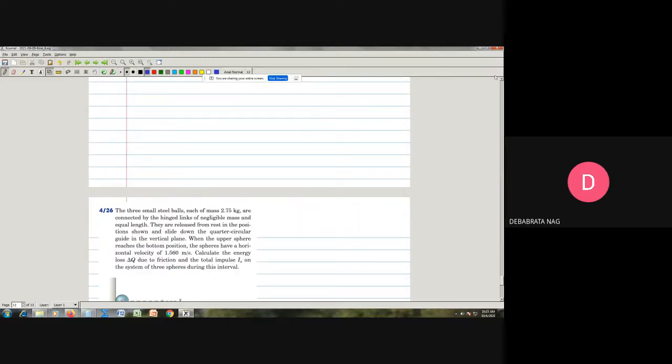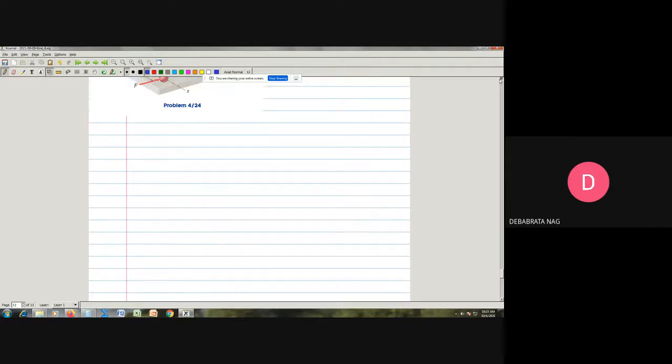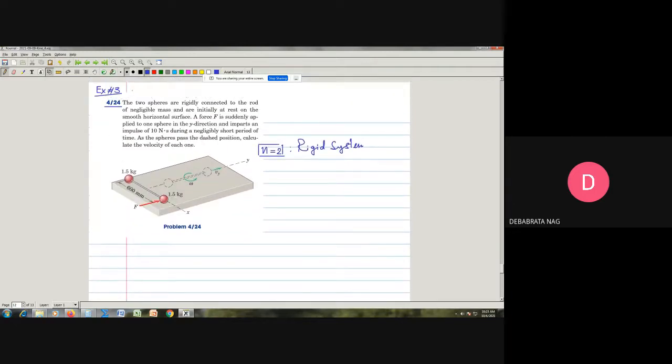Now, from our problem, we note that we are given 2 spheres which are rigidly connected by a rod of negligible mass. These are the 2 spheres, each having a mass of 1.5 kg, connected by a negligible light rod.